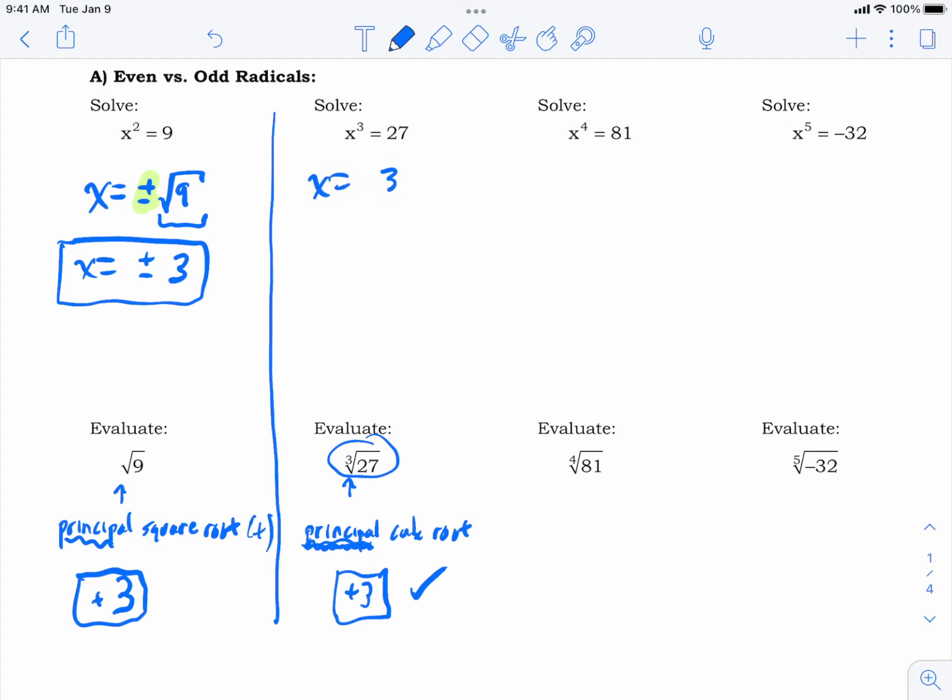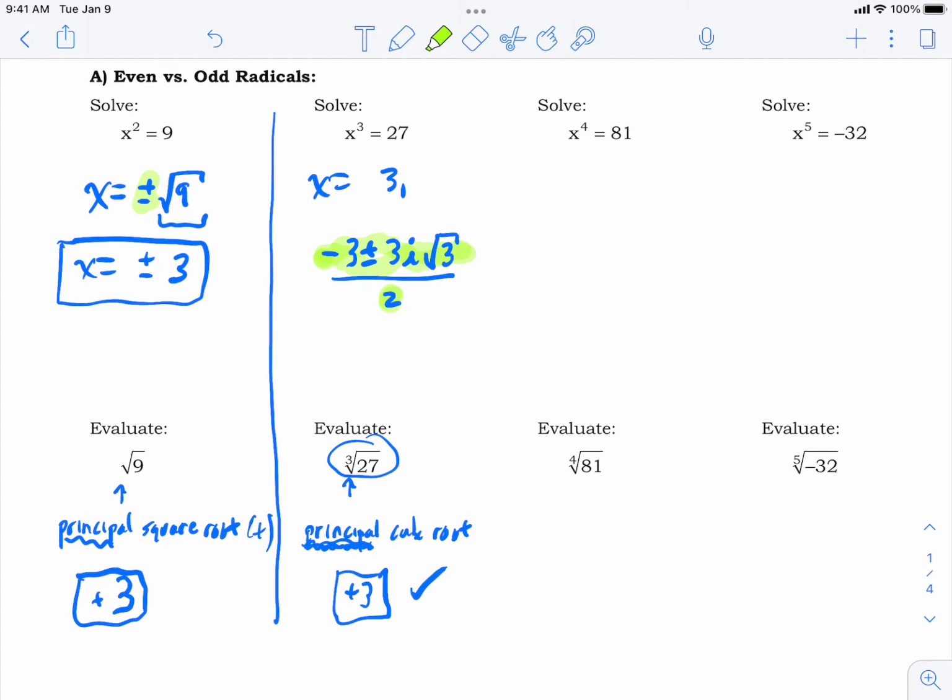X could be equal to 3, and it could also be equal to, let's see if I get this right, I'm going on memory, which is always dangerous, but I think it's something like negative 3 plus or minus 3i square roots of 3, that whole thing over 2. That counts as 2 more roots. Negative 3 plus 3i root 3 divided by 2 is 1 root. Negative 3 minus 3i square root of 3 all over 2 is another root.